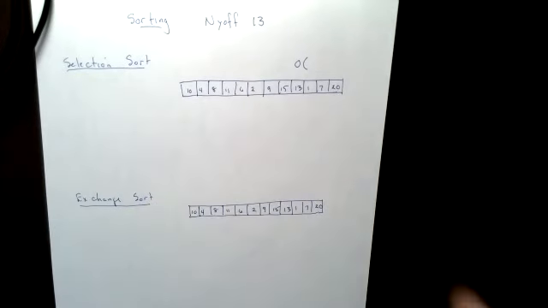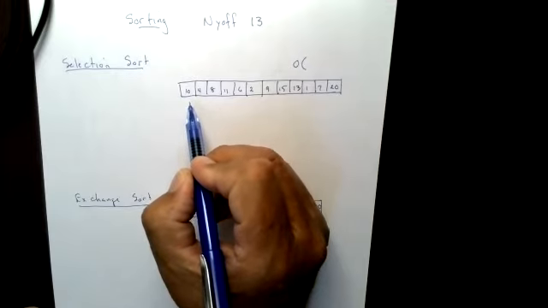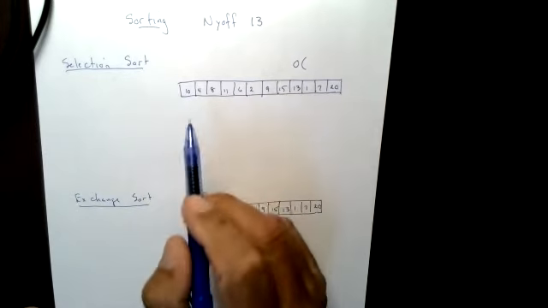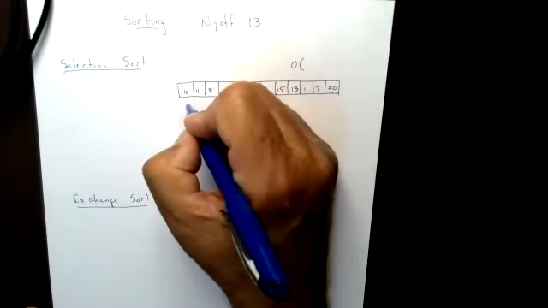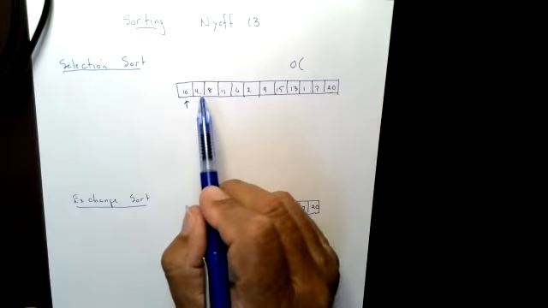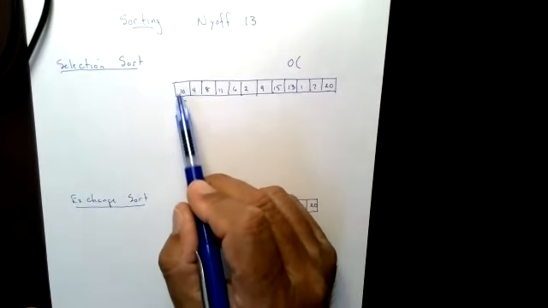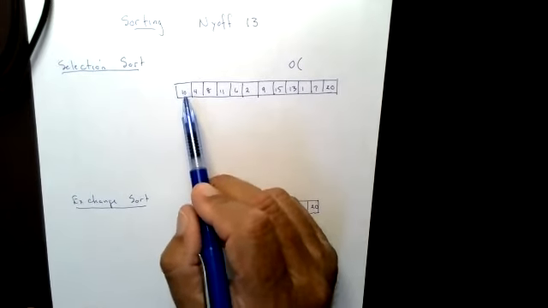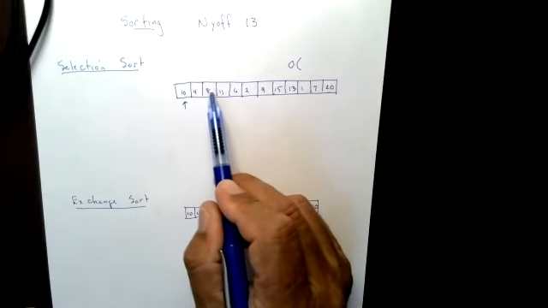In the selection sort, I'm going to start at location 0, which holds 10. I'm going to go through and find the smallest number. Right now 10 is my smallest, location 0. Oh, 4 is smaller, so 4 is my smallest, location 1.